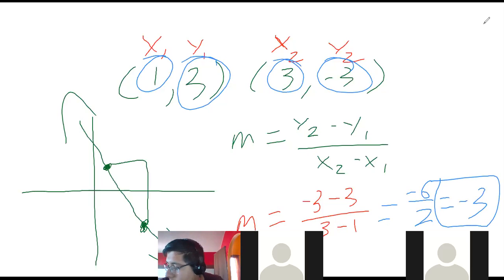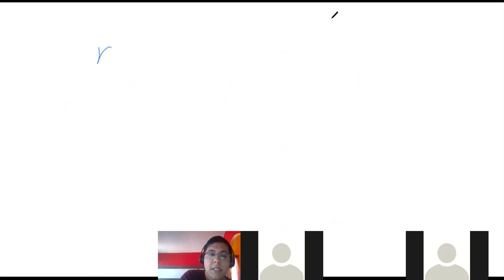And again, this is just review from last year. So we found the slope. Let me erase this. So our slope is -3. Now I want a line that is parallel to this and goes through the point -3, -4.